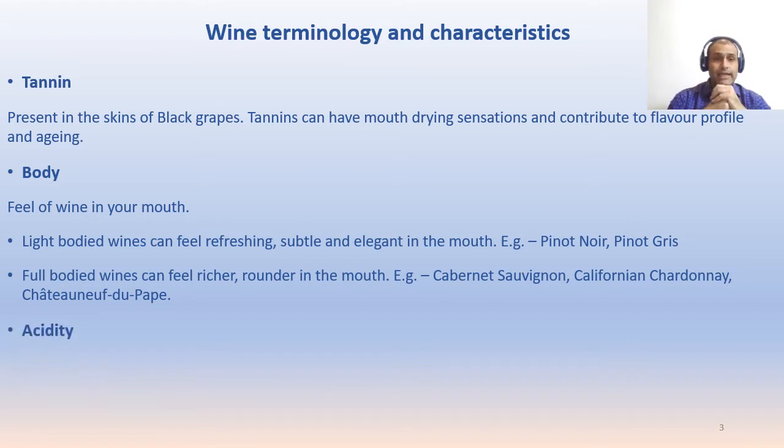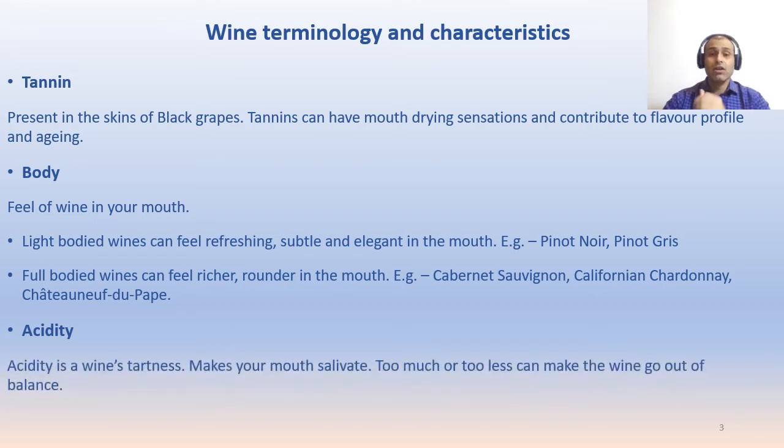The third is acidity. Acidity gives a lot of structure to the wine. It's basically the wine's tartness, the refreshing aspect of the wine, and you will generally feel acidity on the side of your palate right here.